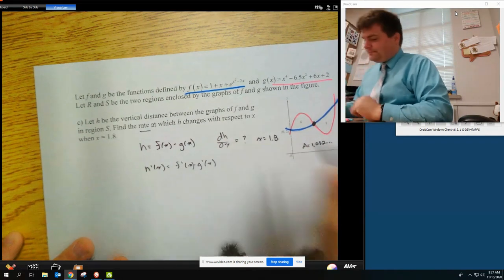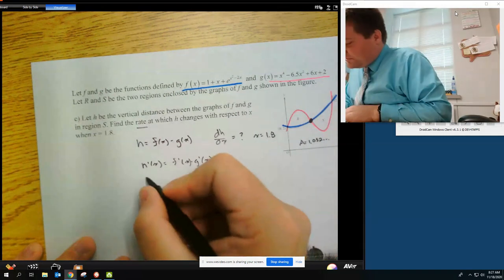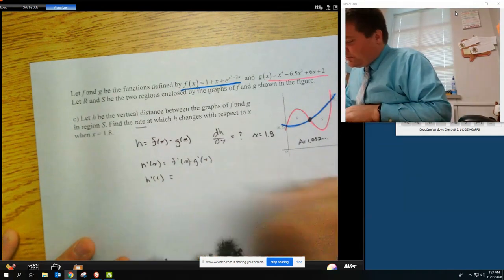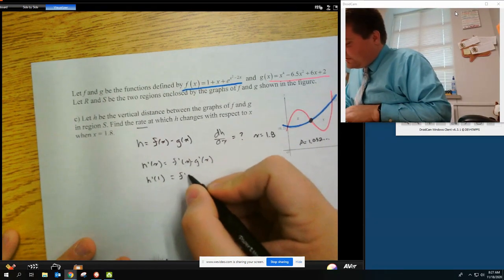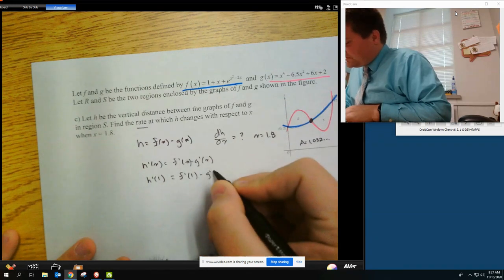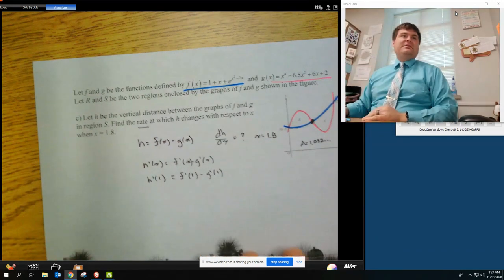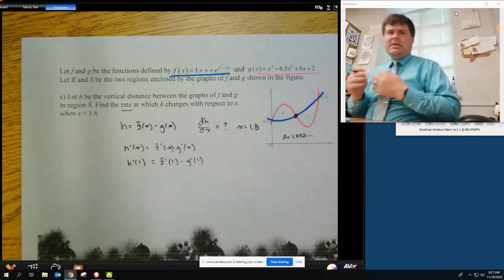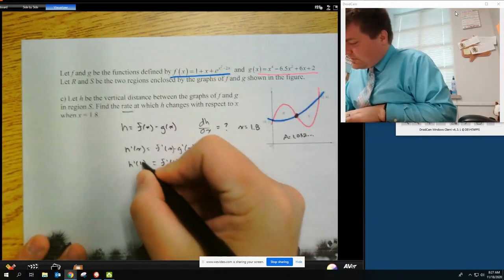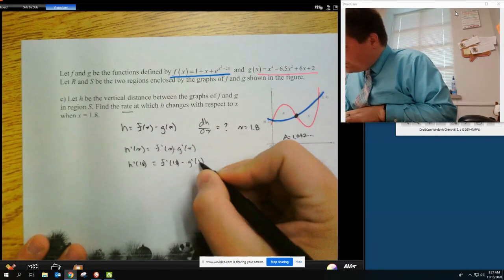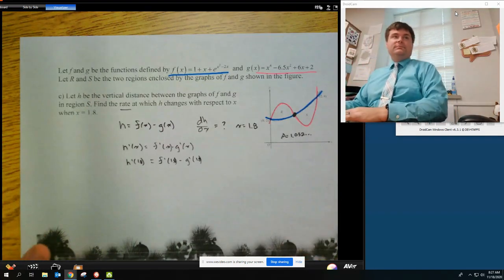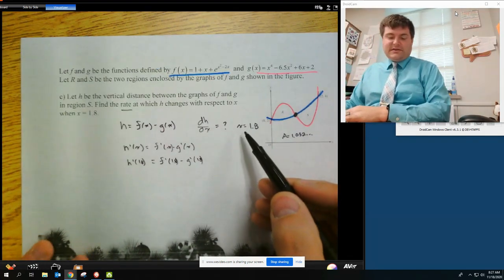That's really it. And I'm going to plug in a 1. So it's going to be h prime of 1 equals f prime of 1 minus g prime of 1. This is all we're going to do here. All right, so I thought it was going to be, oh, sorry, not 1. I can't read. 1.8. There we go. I'm going to make sure I use the correct x value.